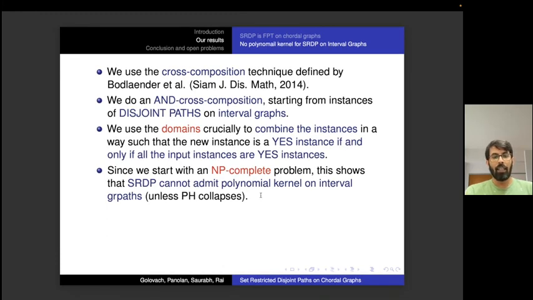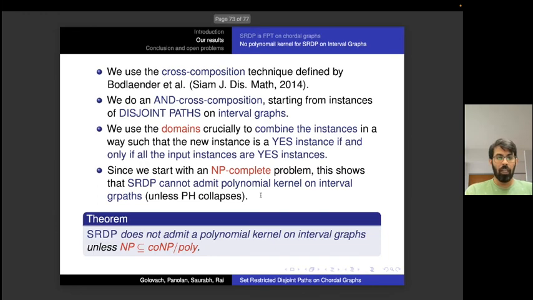So it is known that if we start with an NP-complete problem and we get to an instance of our problem, then the problem does not have a polynomial kernel unless the polynomial hierarchy collapses.